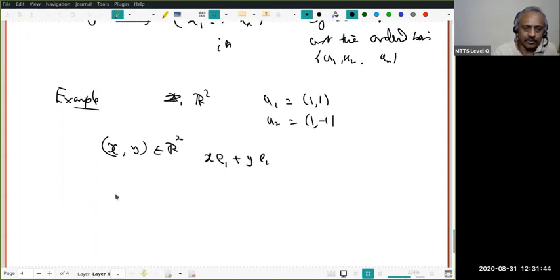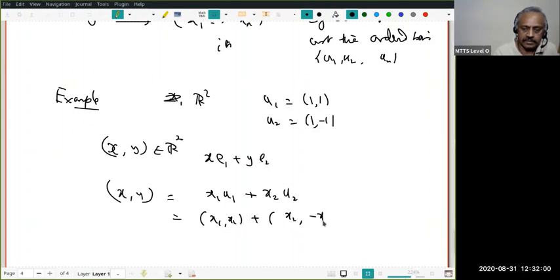Anyway, what do I want now? (x, y) equal to some x1 u1 plus x2 u2. But what is x1 u1? It is (x1, x1) plus (x2, -x2), and this is (x1 plus x2, x1 minus x2). You understand? These are all vectors.